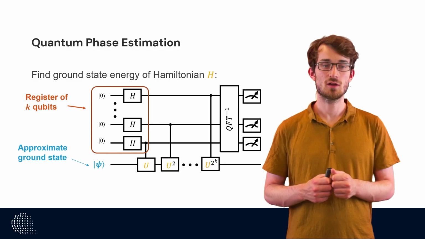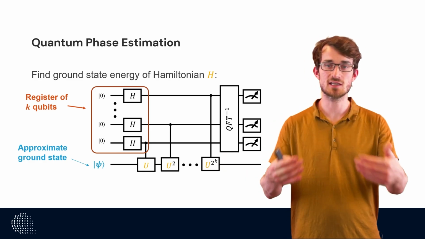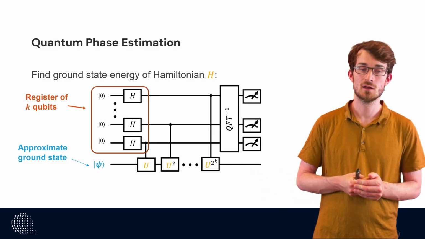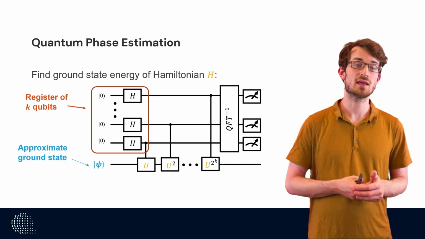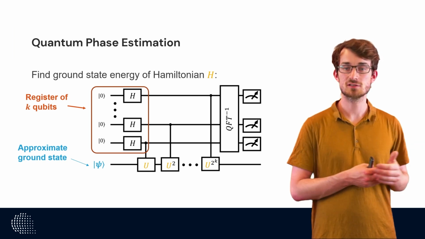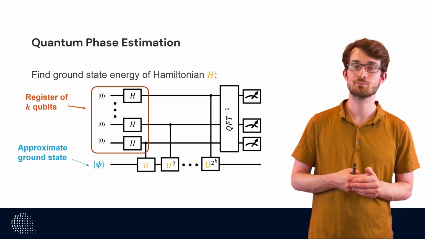And then we create an approximate ground state of the Hamiltonian. This we can generate, for example, using Hartree-Fock techniques with our classical computer. The number of qubits that encodes this ground state should be equal to the number of orbitals that you looked at when we wrote the second quantization form.